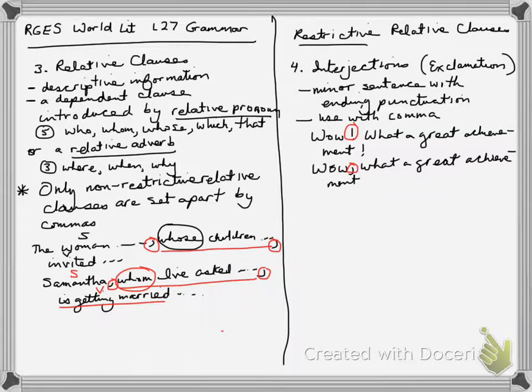Now the last one we'll talk about is the nouns of address. A noun of address could also be called a vocative, and I used to learn it as a noun of direct address. It means who you are speaking to. I don't seem to use that part of the phrase anymore.